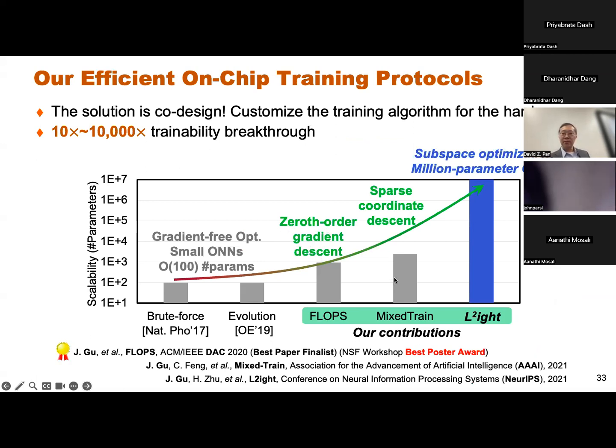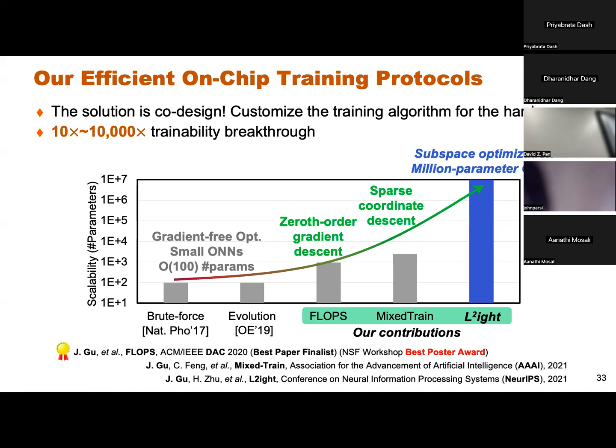And then later on, we found that one thing while you are doing this kind of training is that you are changing the weight. But the problem is that anytime you change the weight, you have to configure that device. That's not good. The key idea for this second work, which we call mixed train, is that you probably can fix 90% of the weights.